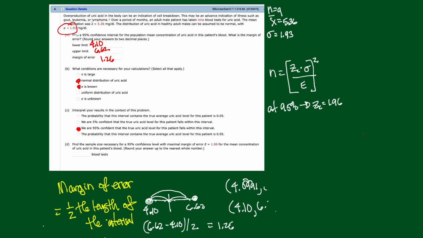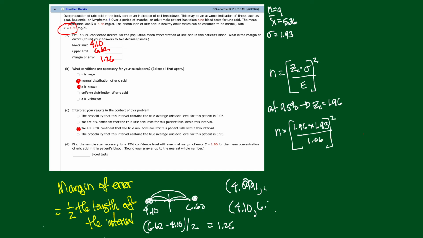Remember those numbers? If it was a 90% confidence interval, it'd be 1.64. 99% confidence interval, 2.58, and so on. Okay, so we've got these numbers. So N is going to be 1.96 times sigma. Now sigma for us was 1.93, divided by the error that we're willing to make, which is 1.06.